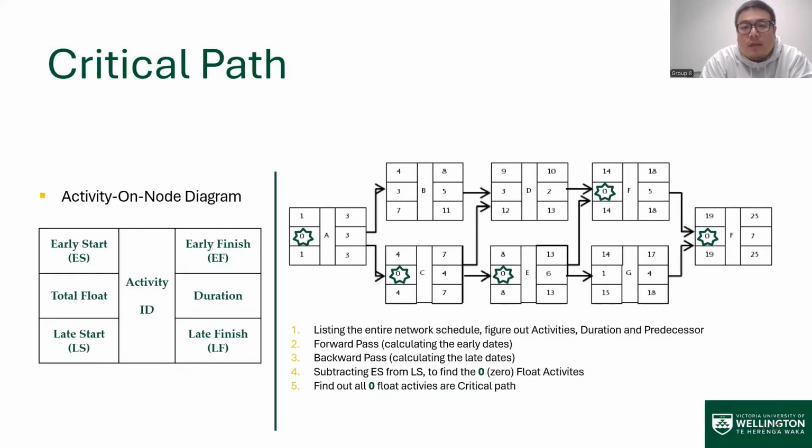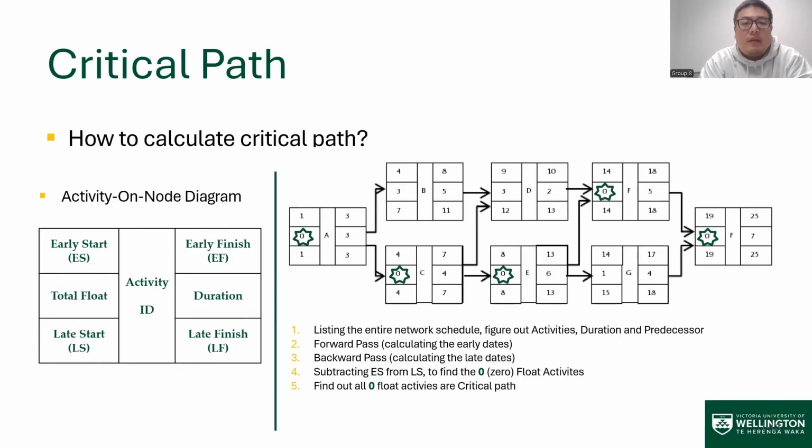This slide shows how to calculate the critical path using an activity-on-node diagram. Let's look at the left side of the diagram. The essential information includes activity ID and duration, and we can use early start time plus duration to get the early finish time.